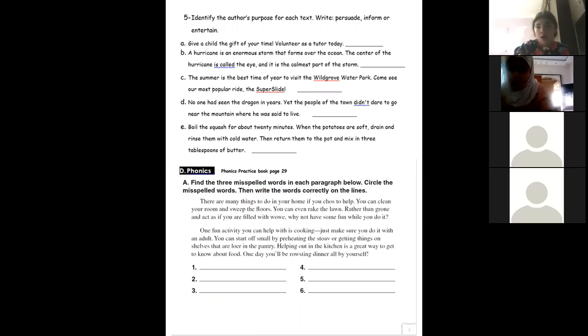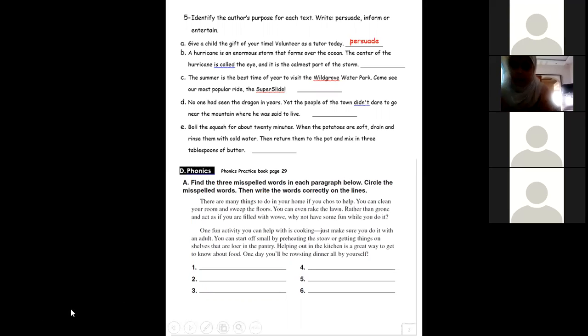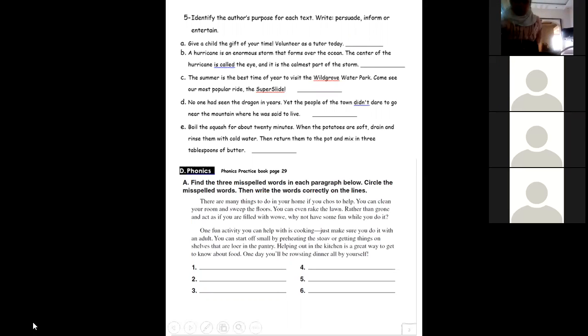Okay, guys. Now we move to our comprehension skill, which was about the author's purpose. We had three author's purposes, and I told you that you have to remember them according to the word pie. P-I-E, pie. P for persuade, I for inform, and E for entertain.